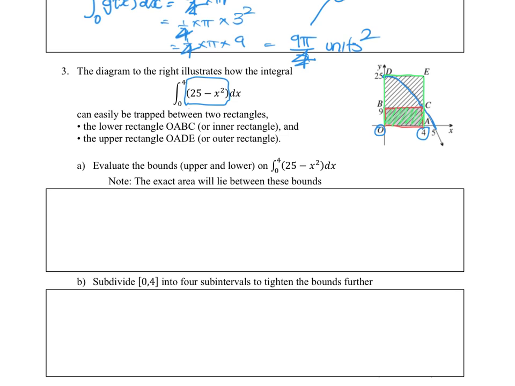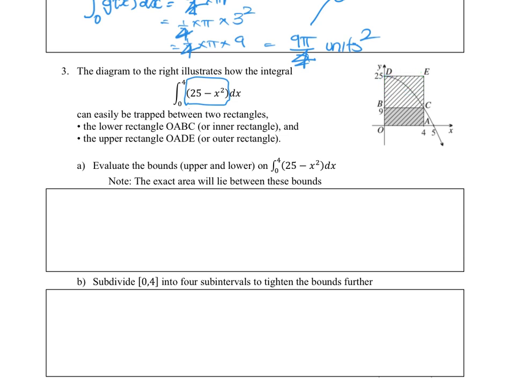Whatever that value is, it will lie in between. And now I've completely demolished my diagram. Okay, so that's what they mean by that.